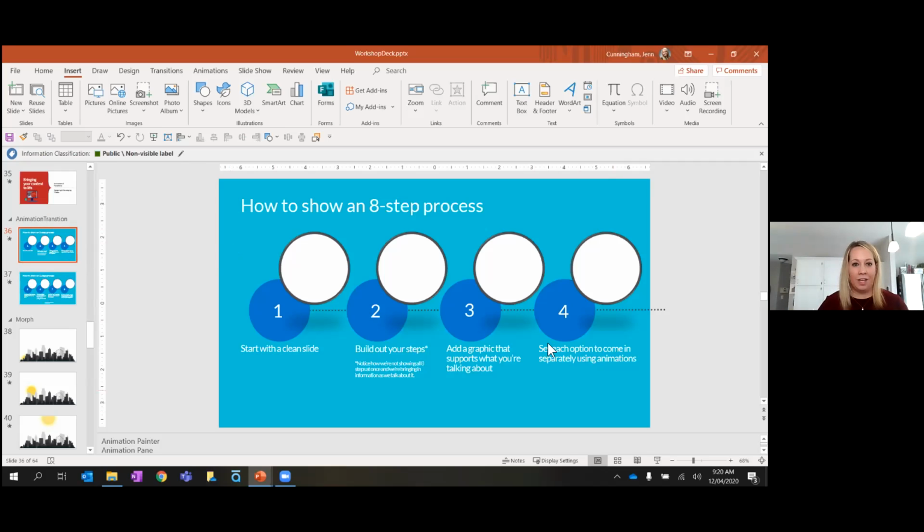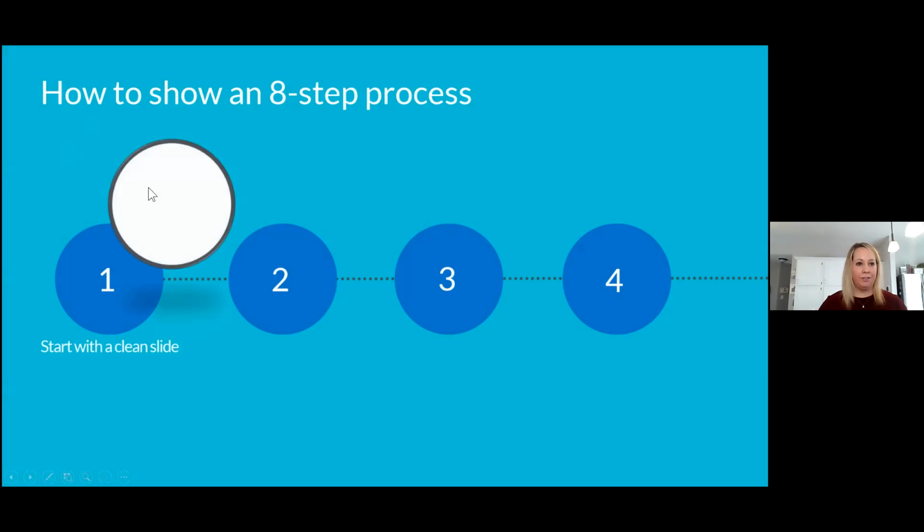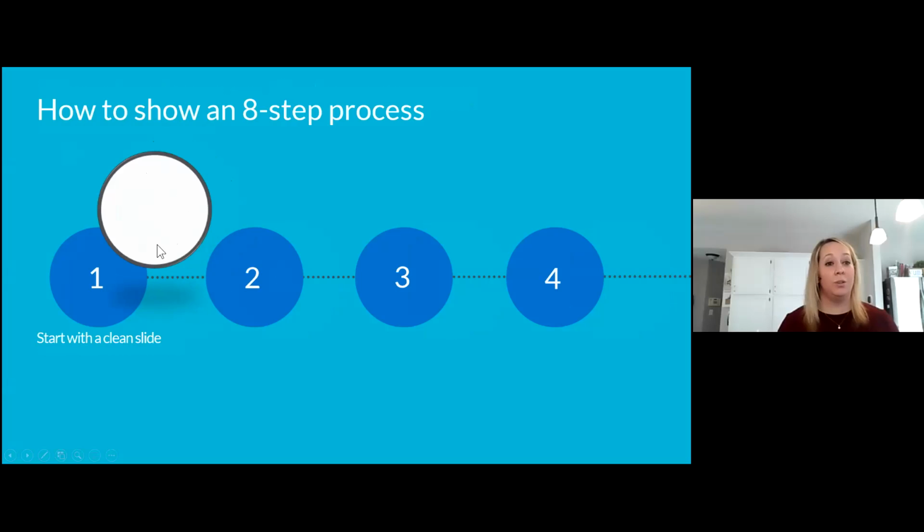So you can see I've got an 8-step process. I meant to put a graphic in here, but I forgot. But this is maybe an easy way to show how to use animations in a subtle, meaningful way. And I've got a transition built in here too. I'm walking through how we set up these next 2 slides.